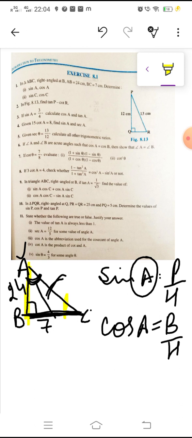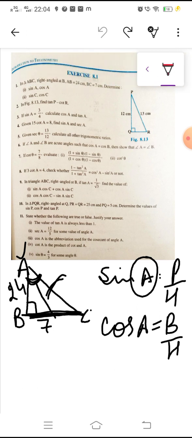So don't be confused, just remember the actual definition: the side that is in front of the angle is perpendicular, and the side at which the angle lies will be base.